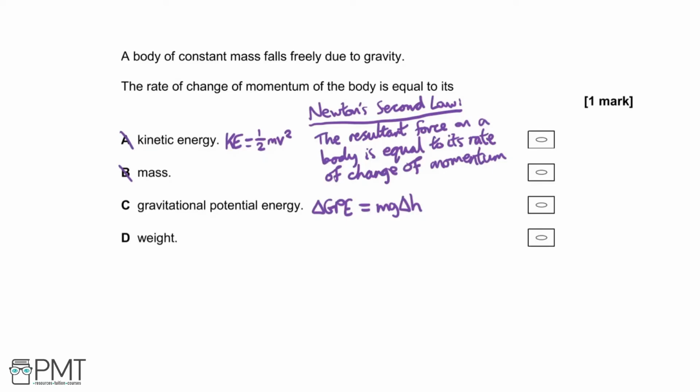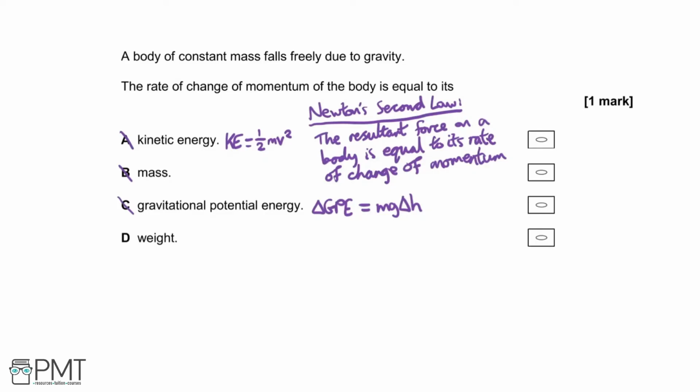But the gravitational potential energy is changing as it falls, it's getting lower and lower. If this were true and it was equal to gravitational potential energy, then the rate of change of momentum would be constantly decreasing, but that doesn't make any sense. So C is incorrect.